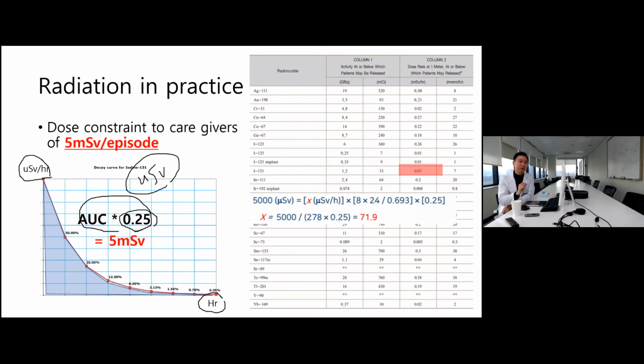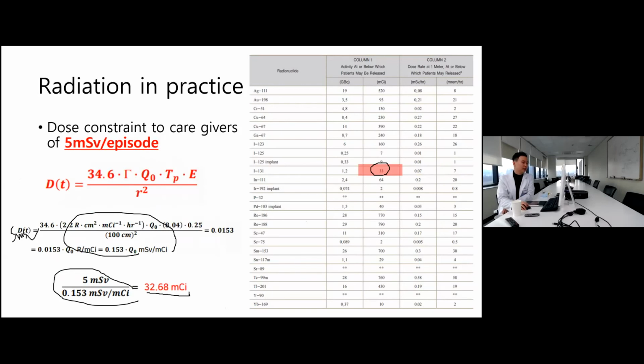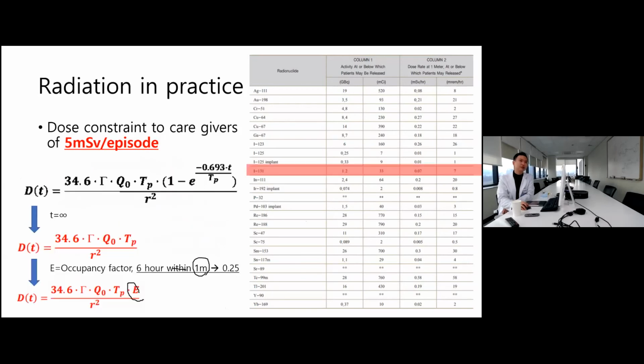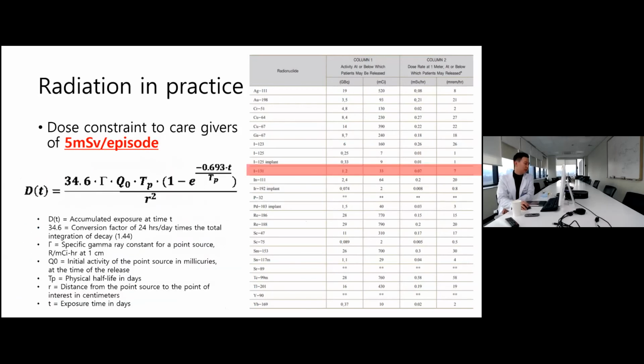However, there are some concerns about these formulas, since they are too conservative. As you can see here, what they use for the half-life is the physical half-life, not the effective half-life.